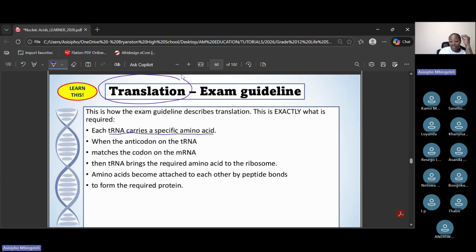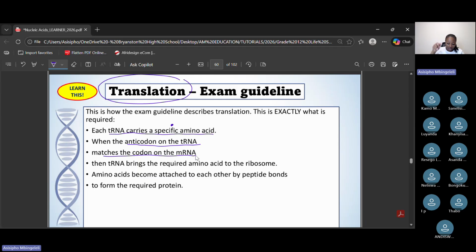Each transfer RNA carries a specific, please include the word specific, because it doesn't just carry any amino acid. It carries a particular one. And it will only carry that particular one when the anticodon of transfer RNA matches with the codon of messenger RNA. 3 bases in a messenger RNA codon, 3 bases in a transfer RNA anticodon.